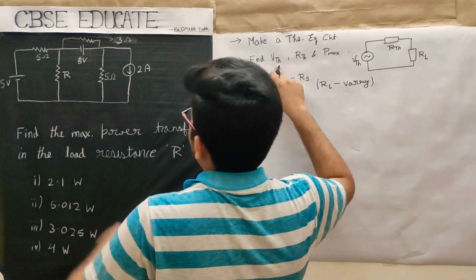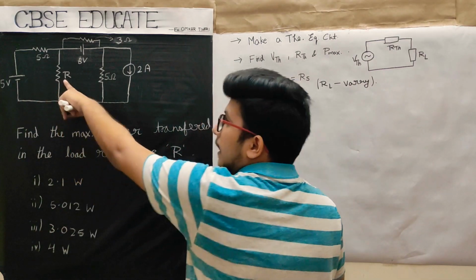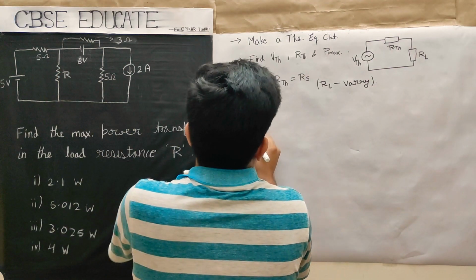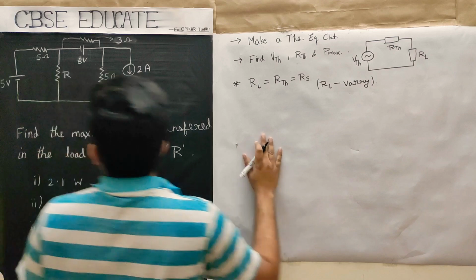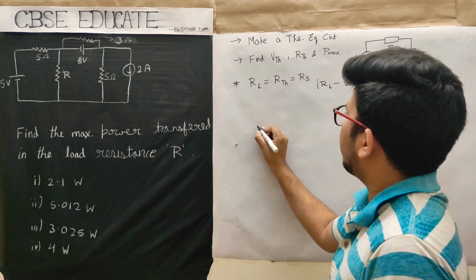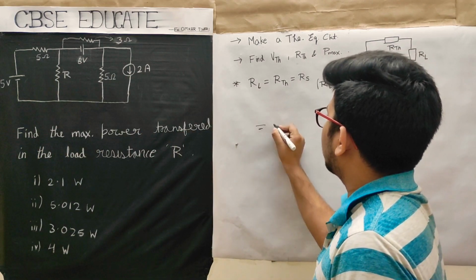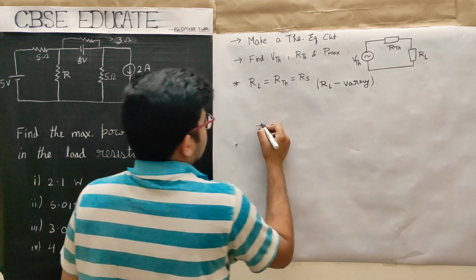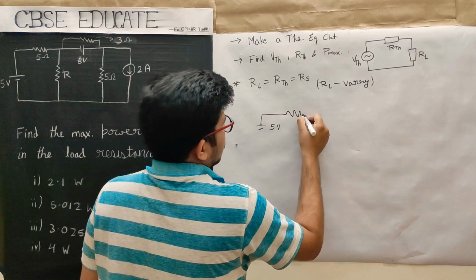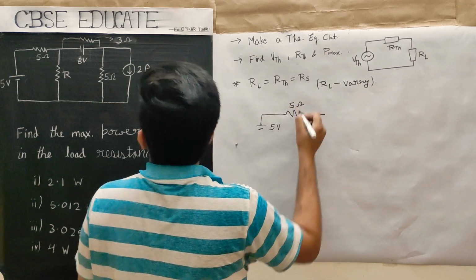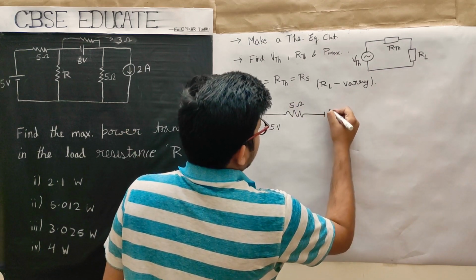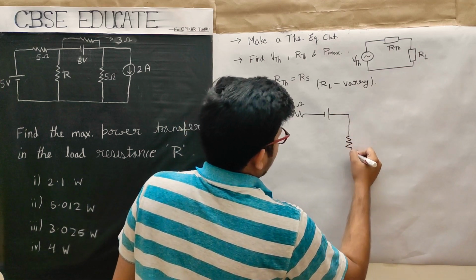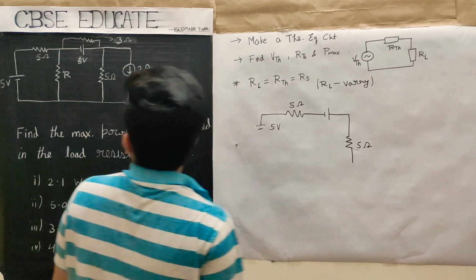For finding VTH, across the load resistance R, you have to open this R. You have to open the circuit. So here, how can you proceed? Here is 5 volt, then I will get here a 5 ohm resistance, and then again a 5 ohm resistance.